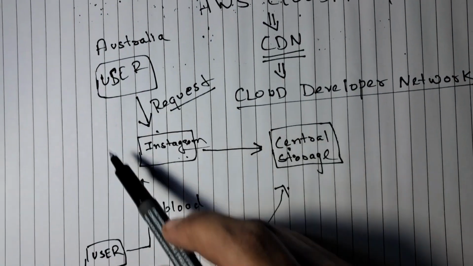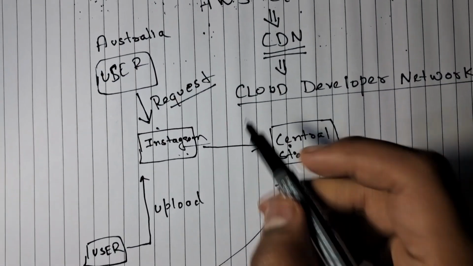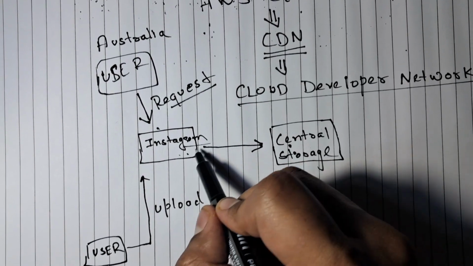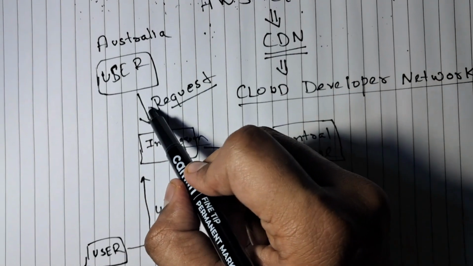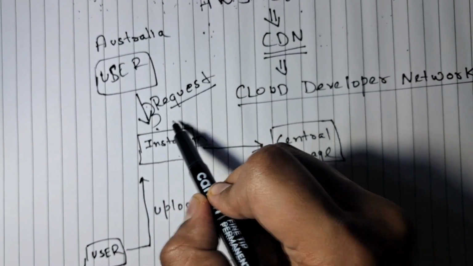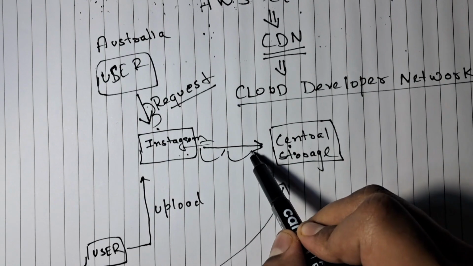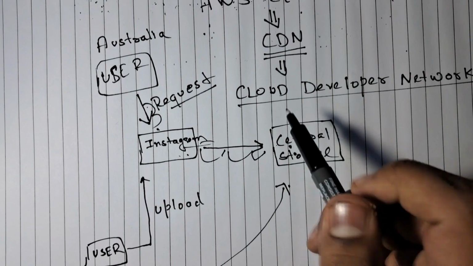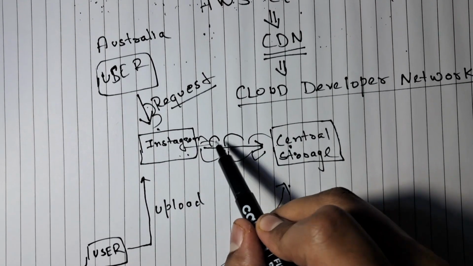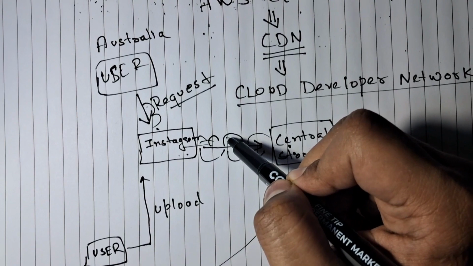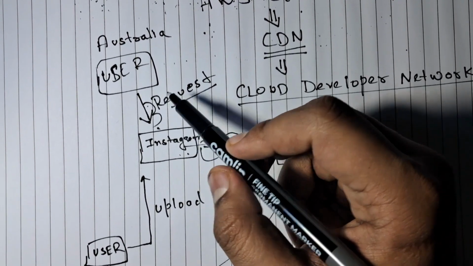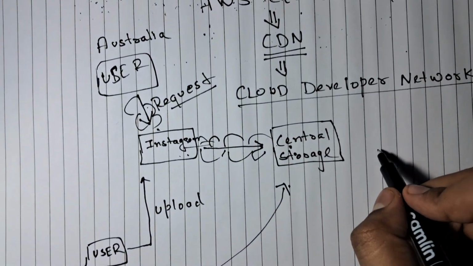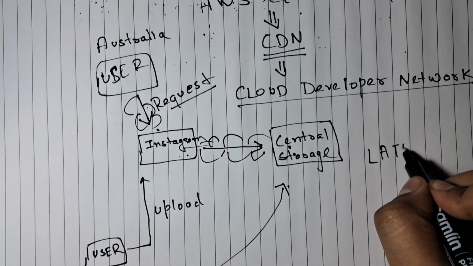But you will be thinking that this is a very smooth process. No, there are many routers present in between, through which this request needs to go before reaching the central storage. And when the central storage returns that image, it also goes back through so many routers, and it takes a lot of time in reaching the user, which increases the latency.